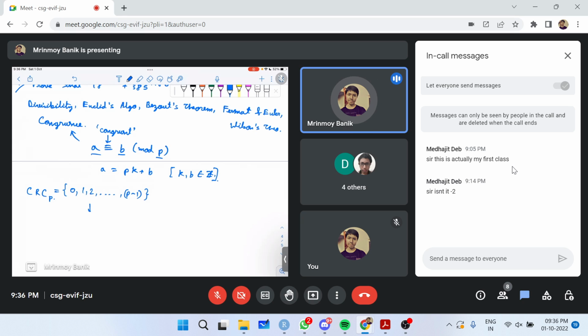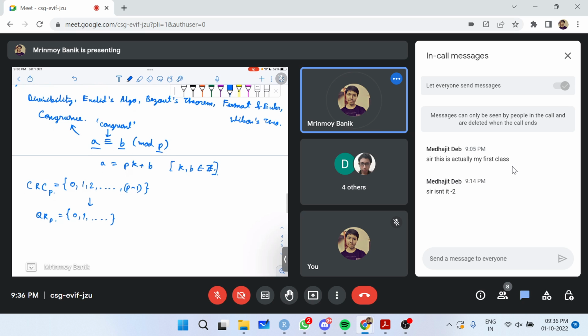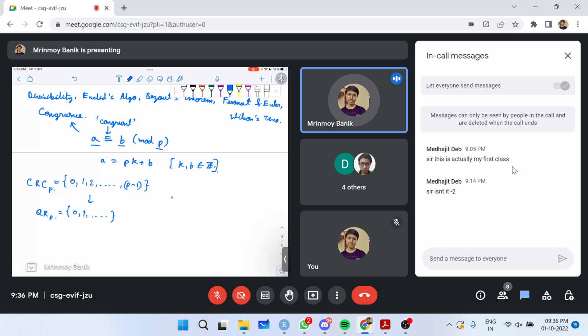And then we derive another set, which is called quadratic residues modulo p. So let's look at the quadratic residues of 13. For the complete residue class of 13, you have the numbers 0, 1, 2, 3 up till 12, and then you square each of them and take the remainder modulo 13 to get the corresponding quadratic residues.